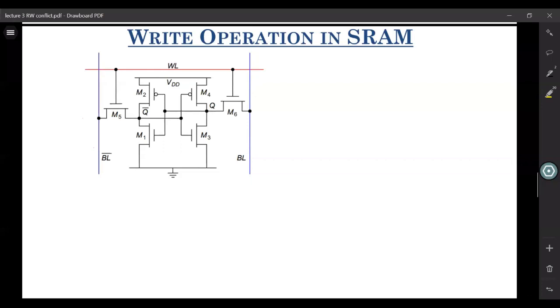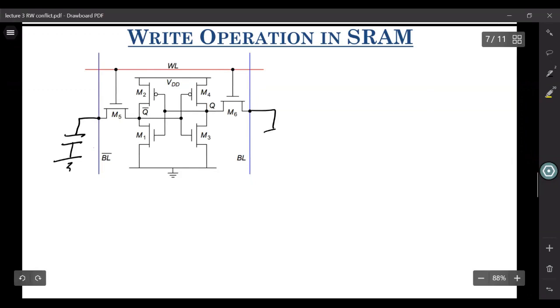Now let us look at the write operation. In write operation, we still have these bitline capacitances, CBL and CBL bar. First we apply VBL and VBL bar according to whatever we want to write.